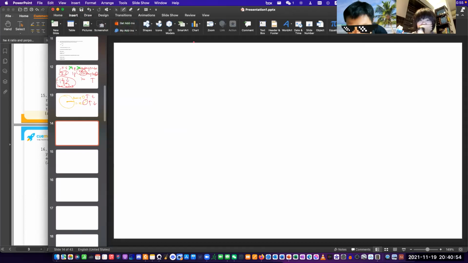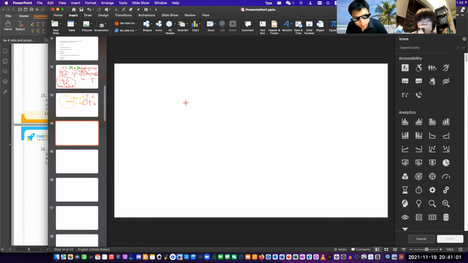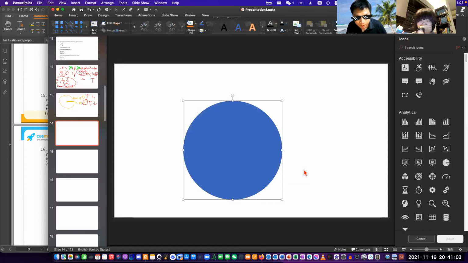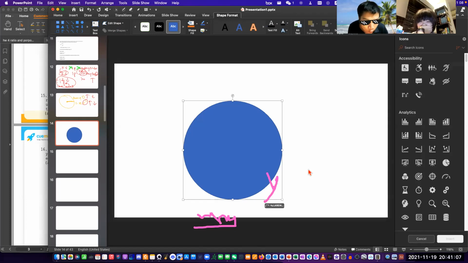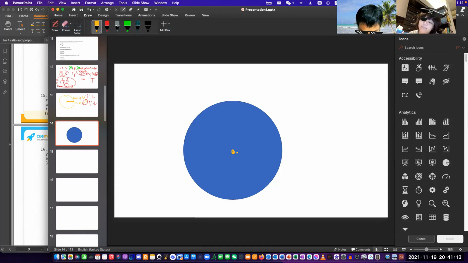I'm going to draw a circle. Can you see a circle here? Yeah. So this is the radius, right? This is the radius. Have you learned? Yeah, I think so.